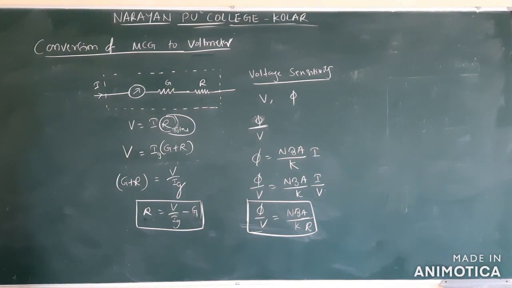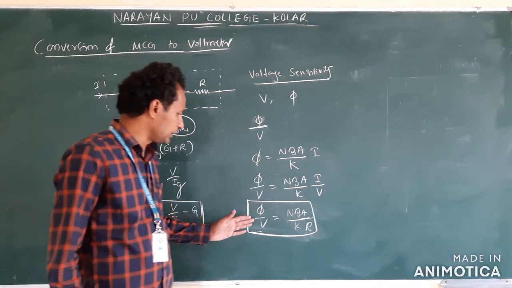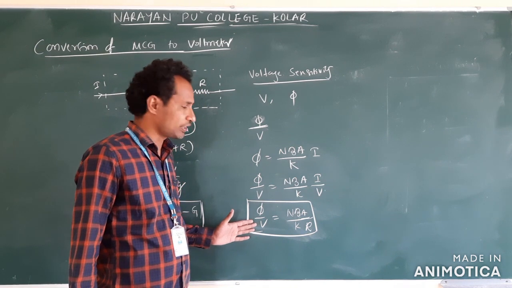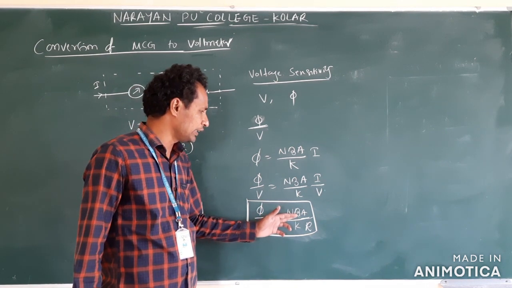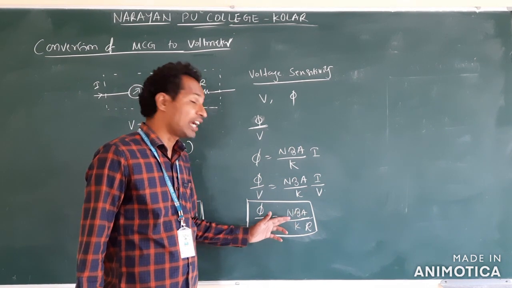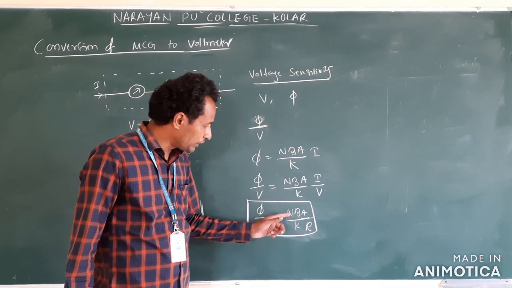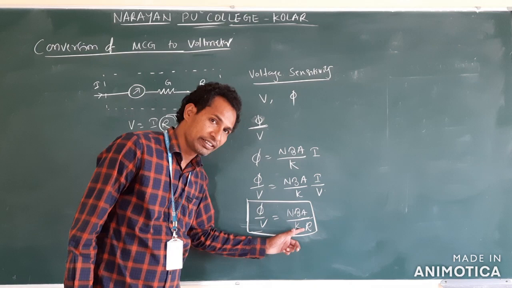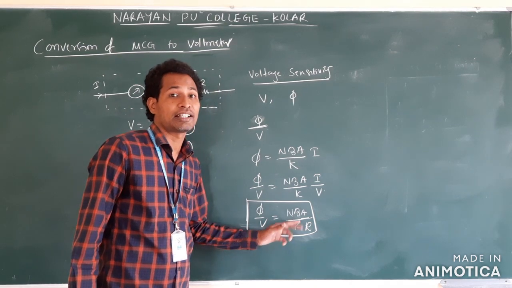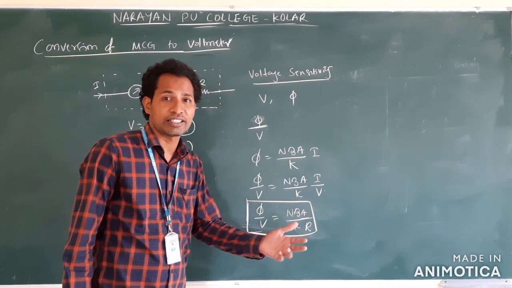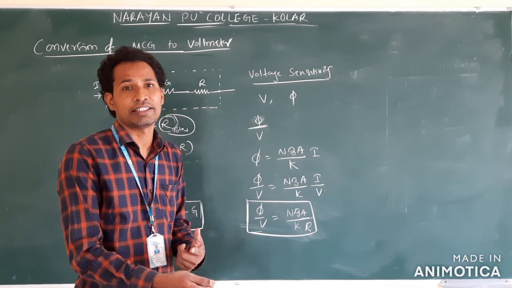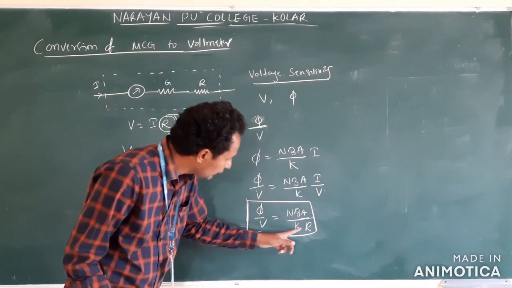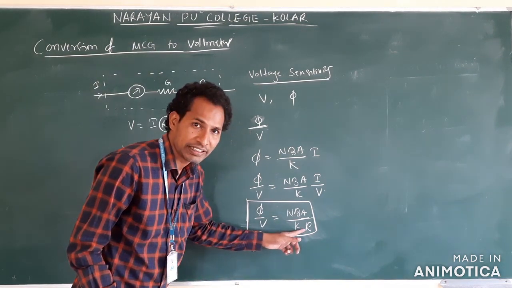Now how do we change voltage sensitivity? It depends on field and area, not on the number of turns. If you increase the number of turns, obviously resistance also increases. Resistance depends on length. When the number of turns increases, the length of the coil increases, so resistance increases.